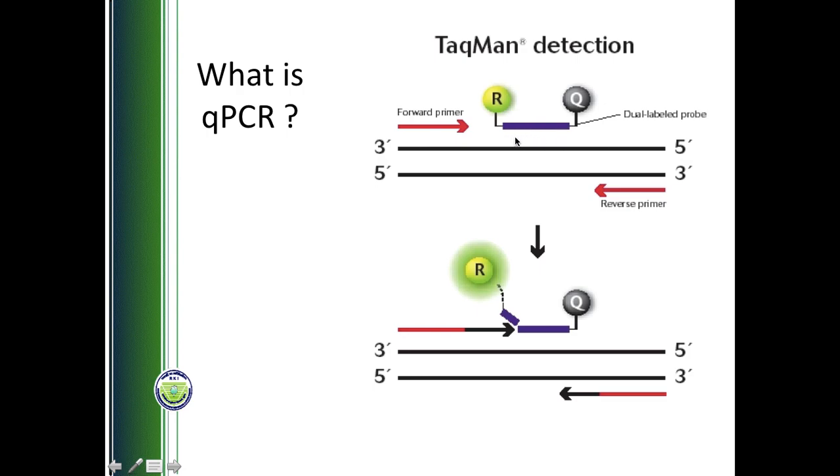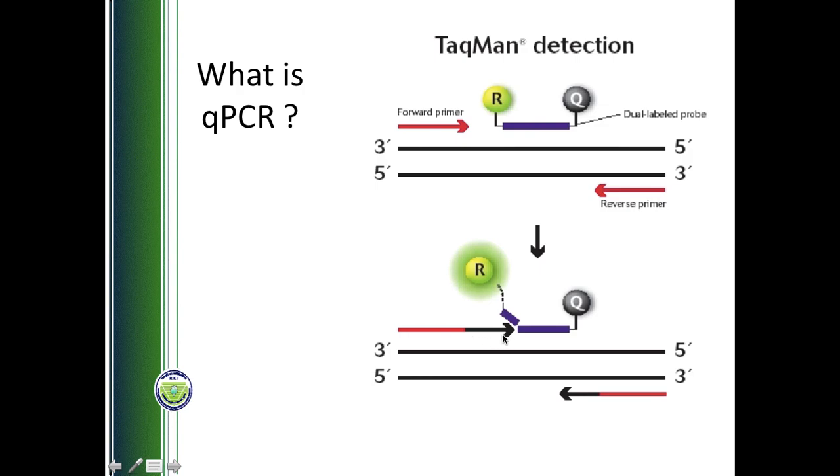Now once all these things have bound, and once we bring the temperature to 72 degrees centigrade, which is the temperature for the reaction, then the enzyme Taq polymerase will carry out the DNA synthesis on the red color primer. But how can we find out how much DNA is made?